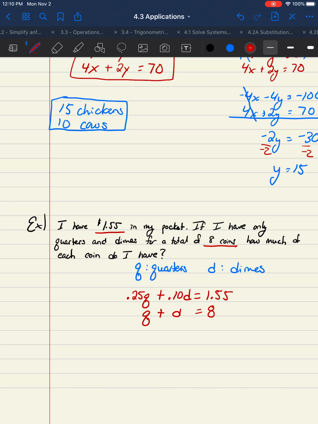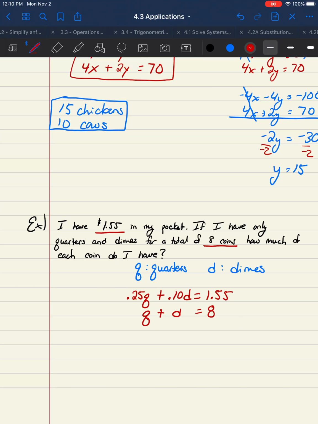Okay, so if I decided that I wanted to get rid of Q, I can multiply this bottom equation by negative 0.25. So the top equation I'm leaving alone. Okay, and then I'm going to go negative 0.25Q, negative 0.25D, equals 8 times negative 0.25 is negative 2.